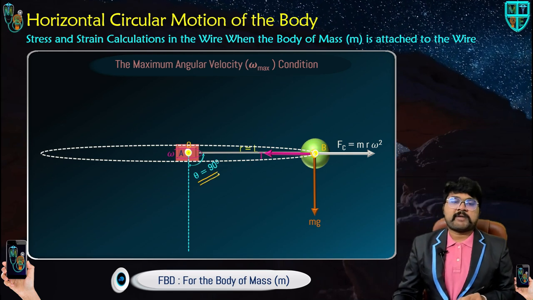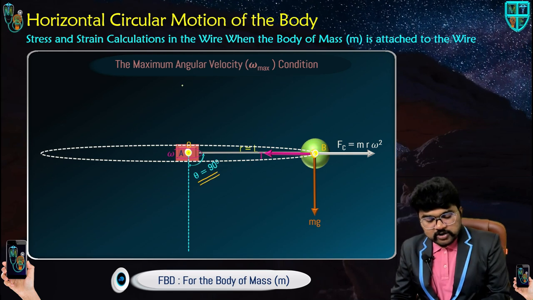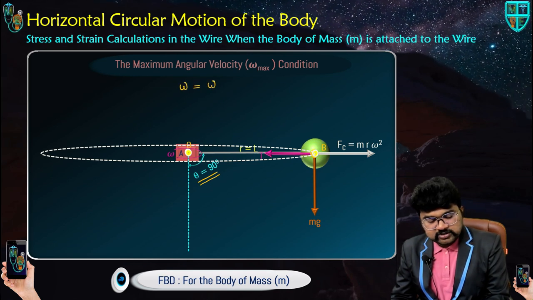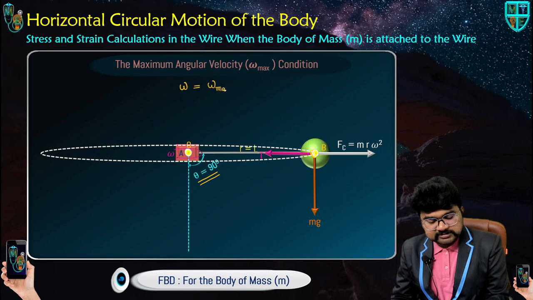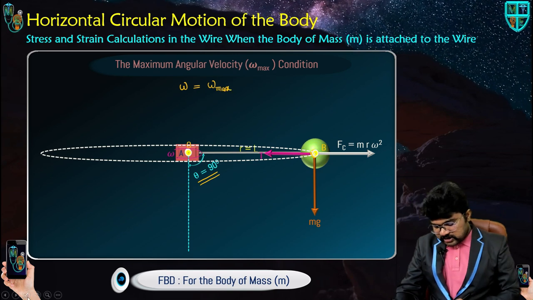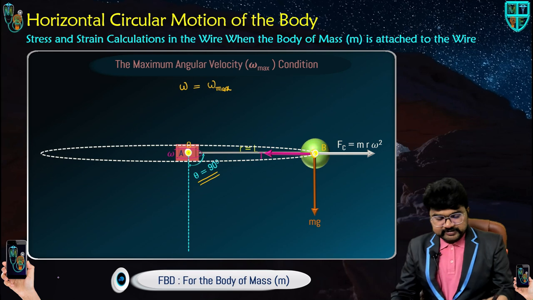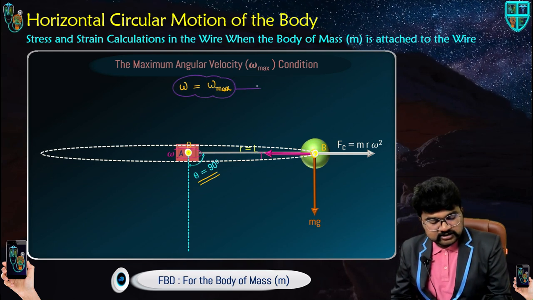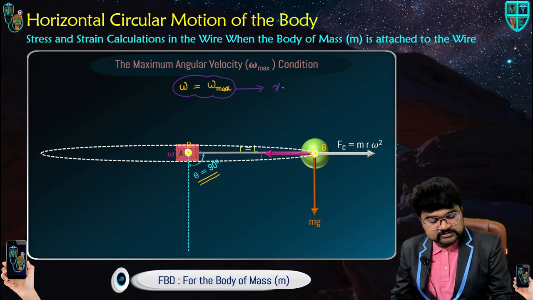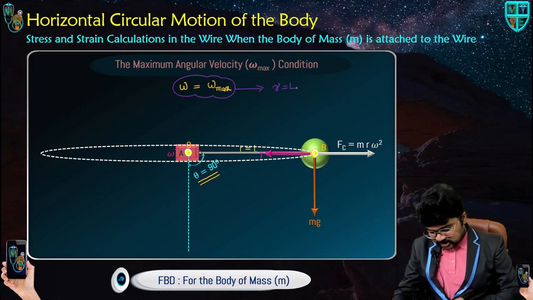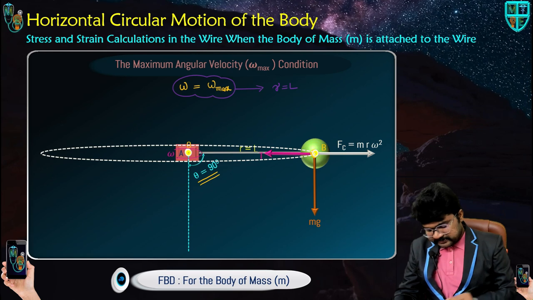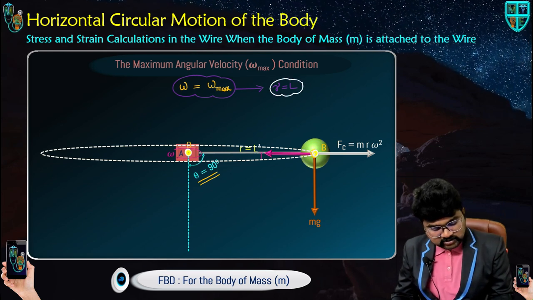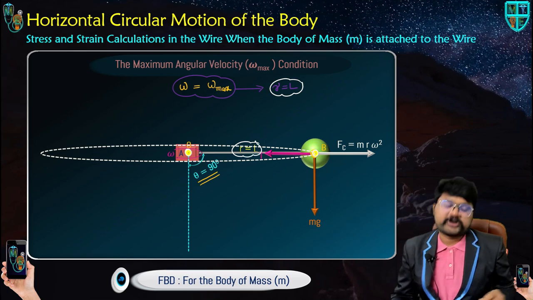Maximum angular velocity condition means omega becomes omega maximum. Here you will be getting R becomes equal to L. Understood now? R equal to L, one of the important conditions.